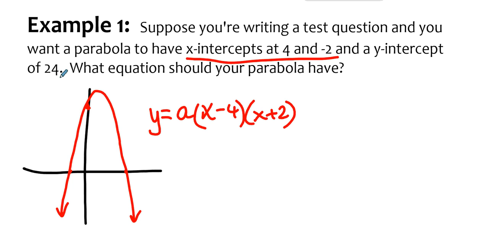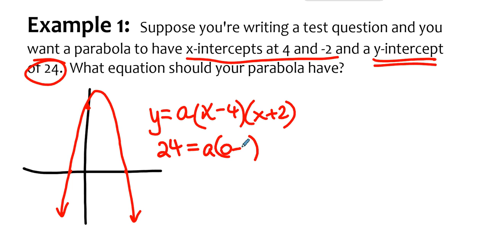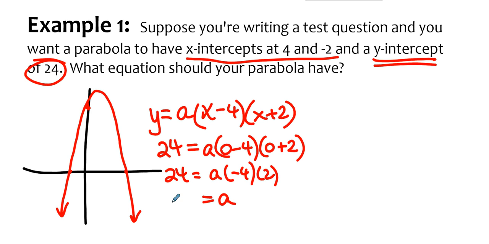Well, we know this piece of information. We know that the y-intercept is 24, which means that 24 is the y value when the x value is 0. And conveniently, it is possible to find the a value without too much arithmetic.